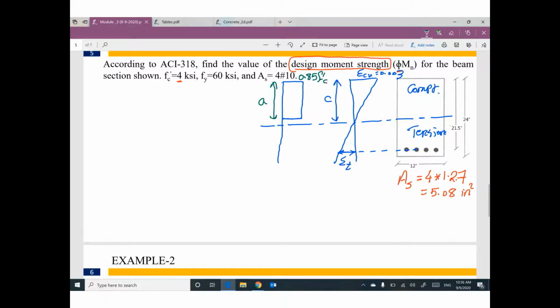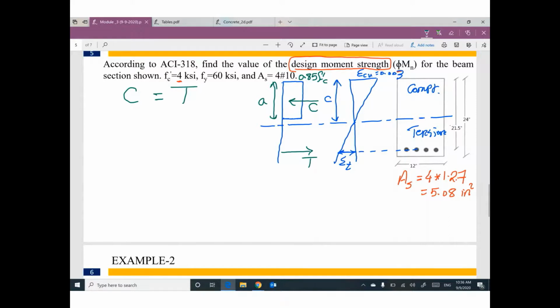We have capital C here, which is the equivalent compression force for this stress block. We have the tensile force here, capital T. For equilibrium, capital C equals capital T.